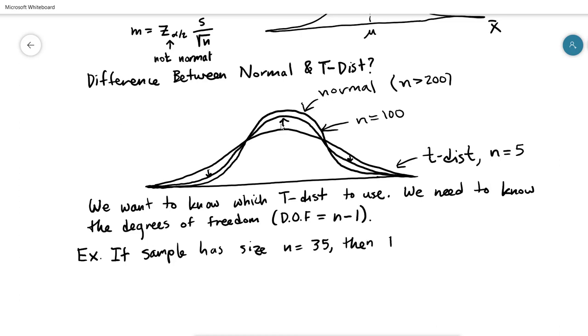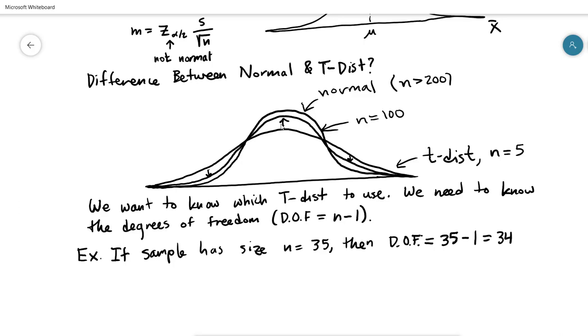Then the degrees of freedom is just one less than that number. So it's going to be 35 minus 1, which is 34.